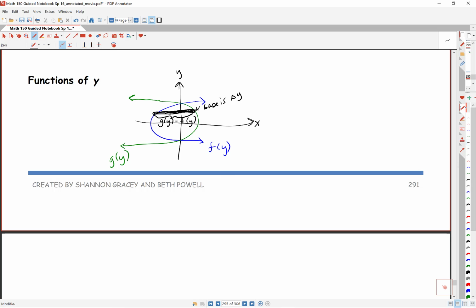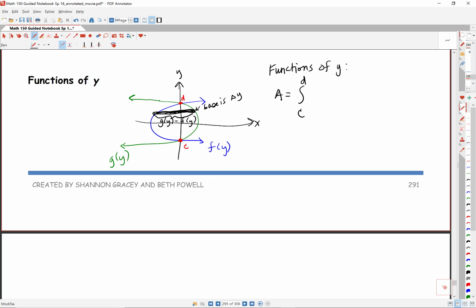So in general, for functions of y, there's a couple things that change, right? You have different limits of integration because they're y values. So usually we call this c and d. So for functions of y, the area in general goes from c to d.